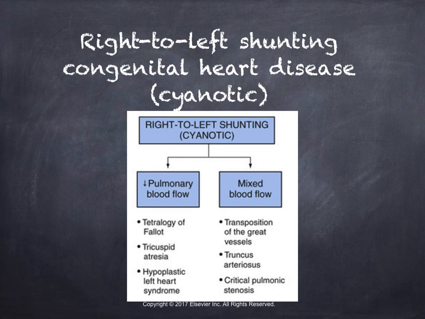So after birth, usually these newborns will get a prostaglandin infusion to keep the ductus arteriosus open, so that they have a mixing of blood to increase their oxygen saturation until they can have surgery to correct.